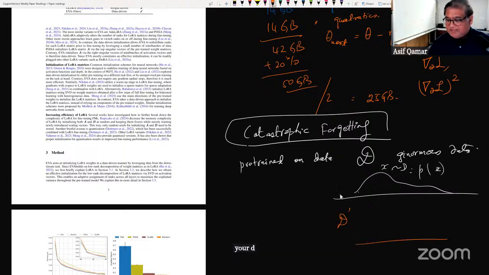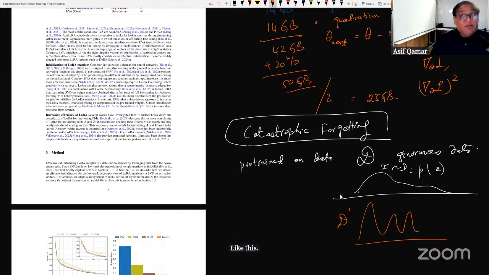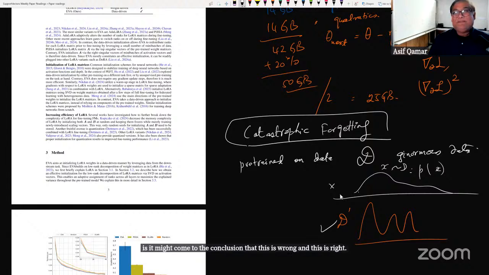What it inherently means is that your D prime data, even though it is a smaller data, its distribution is, let us say, different. I'll deliberately exaggerate the difference. Let us say that it is like this. Now, when you train this model with this data, don't train it too long, because it might come to the conclusion that this is wrong and this is right.